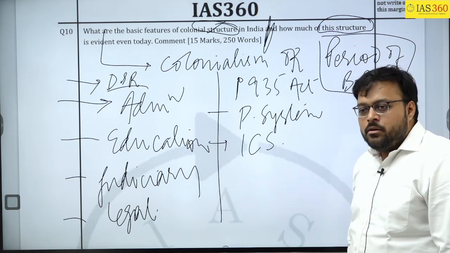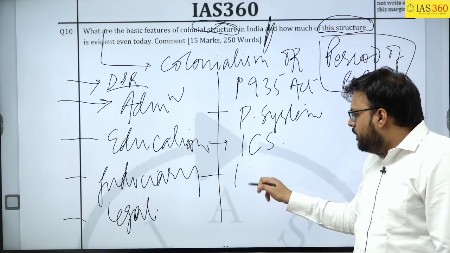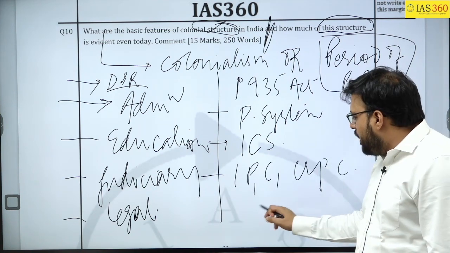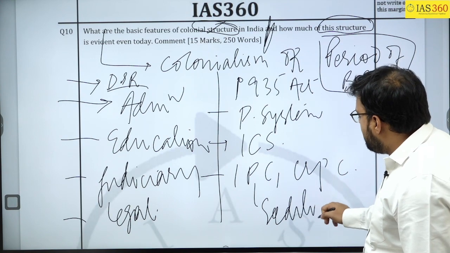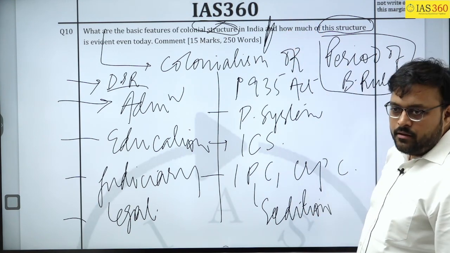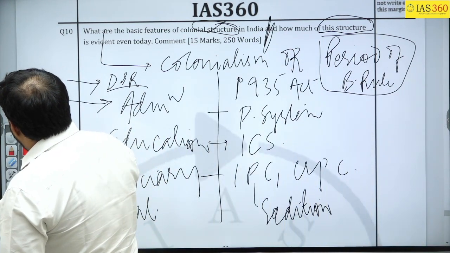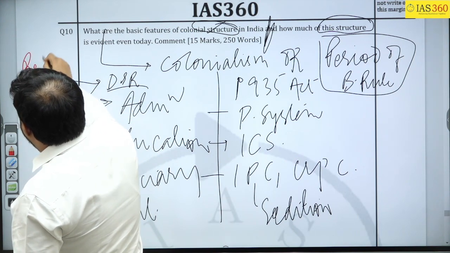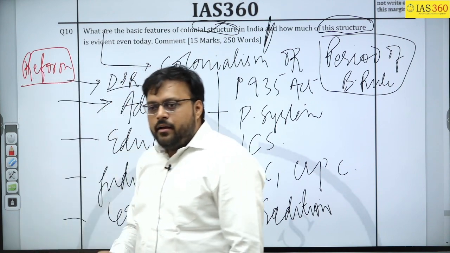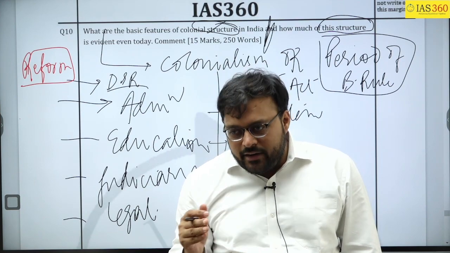Then you can talk about ICS, Indian Civil Service, IPC, CrPC, each and everything you can see, or here you can mention sedition, colonial law. It is evident, but at the same time you are required to mention that okay, everything is fine, but at the same time India has brought reform, and therefore we cannot say that 100% colonial structure is evident today.